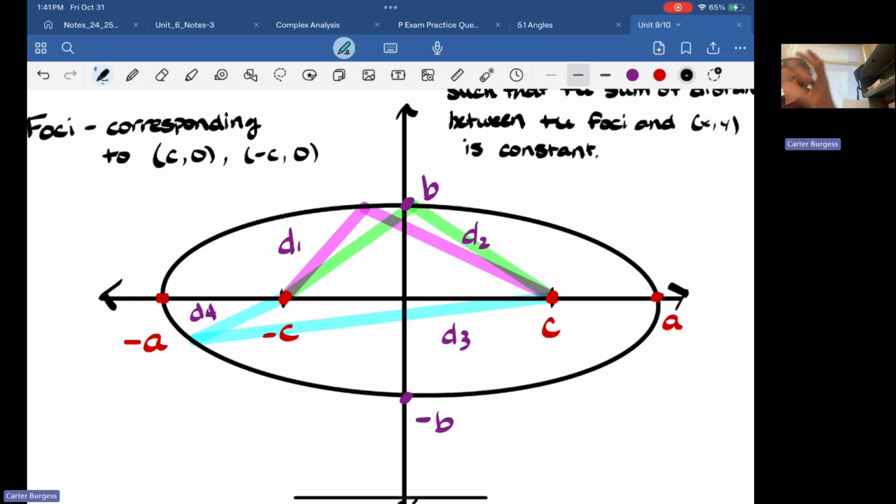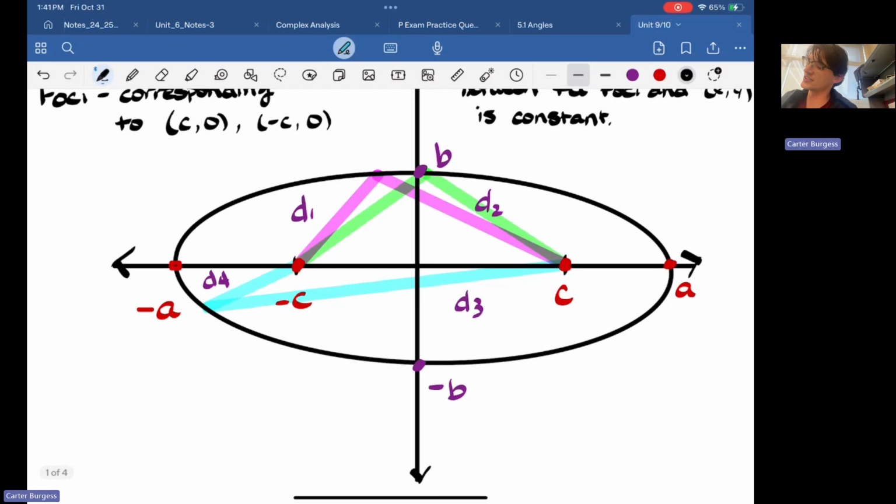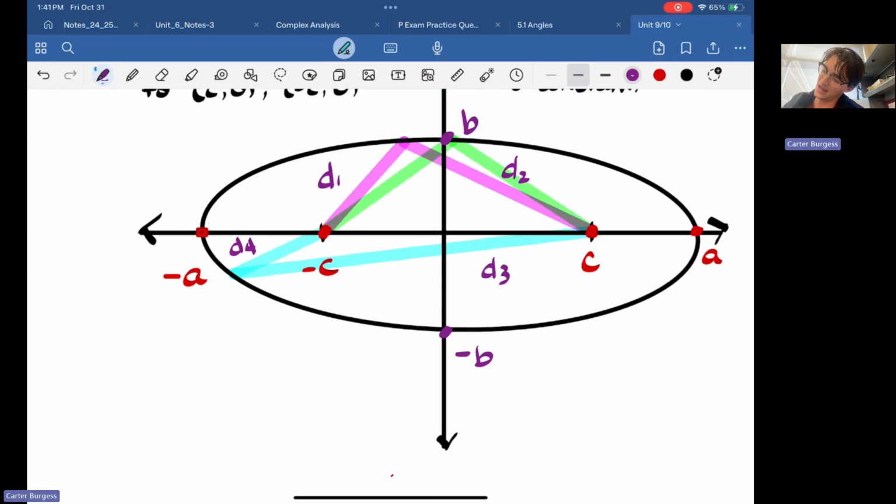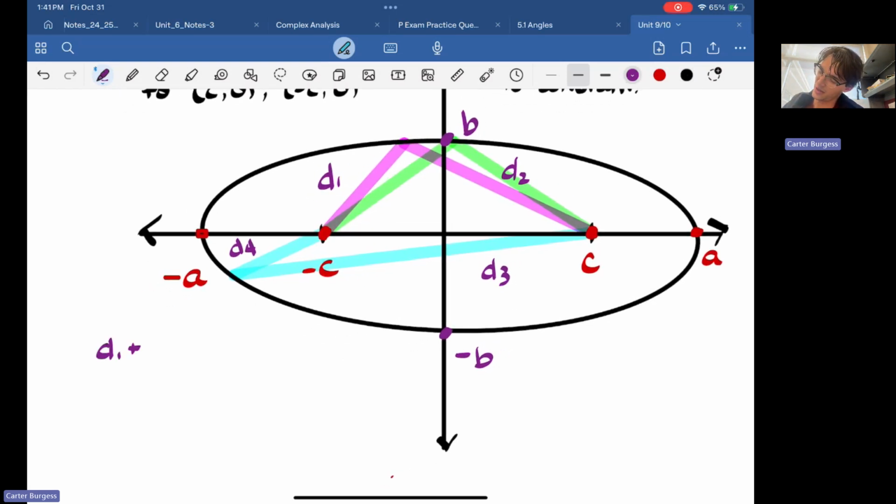It doesn't matter where we are on the ellipse. The sum of those distances, in this case d1 plus d2, should match d3 plus d4 for any 2 points that I pick on my ellipse. The sum of those distances is always going to be the same.